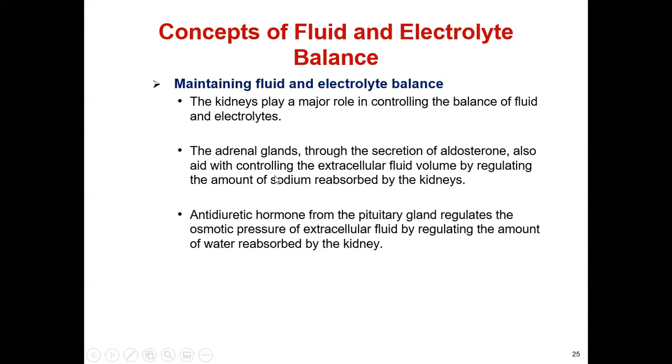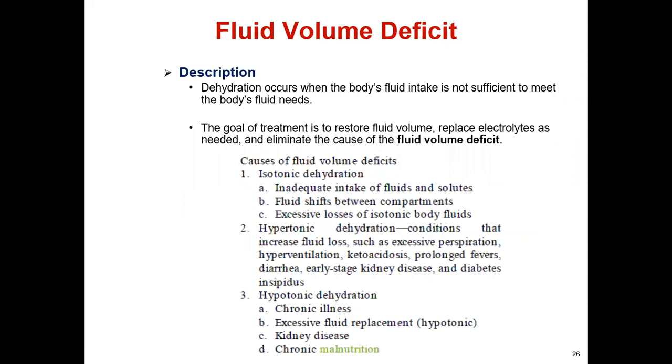It also aids in controlling extracellular volume by regulating the amount of sodium reabsorbed by the kidney. Antidiuretic hormone from the pituitary gland regulates the osmotic pressure of extracellular fluid by regulating the amount of water reabsorbed by the kidney. So these are the three mechanisms of action, how balance is maintained.